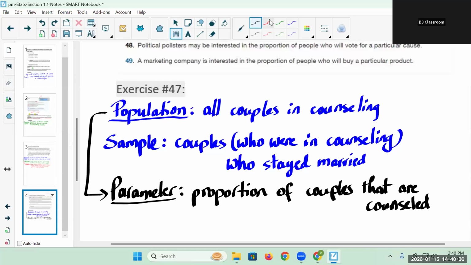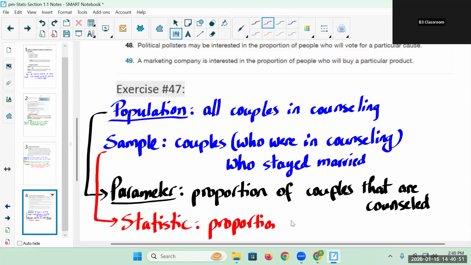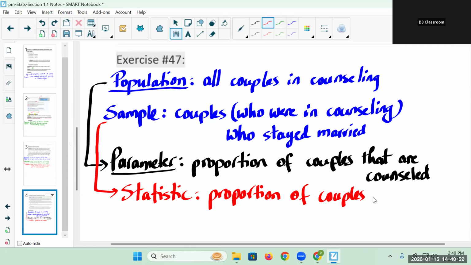Now, this is the part that is important for the sample. This statistic, that's the proportion of couples, and I'm going to put in parentheses here, who are counseled or are in counseling who stay married.